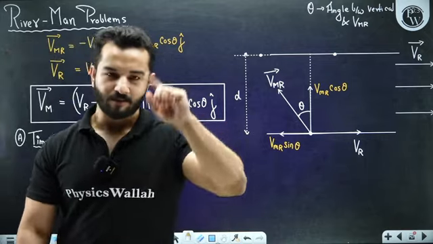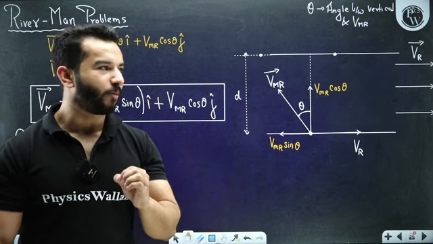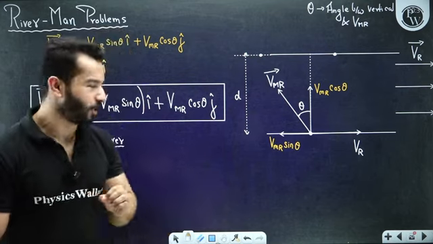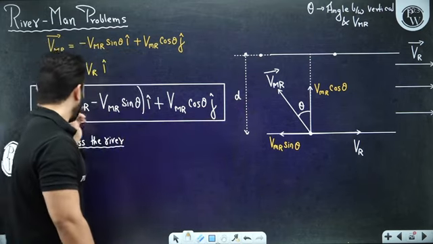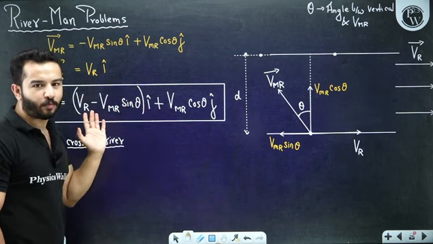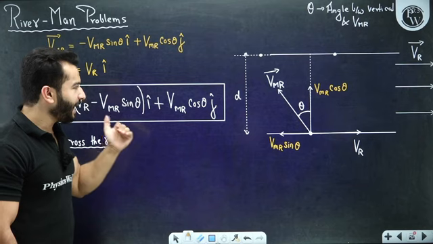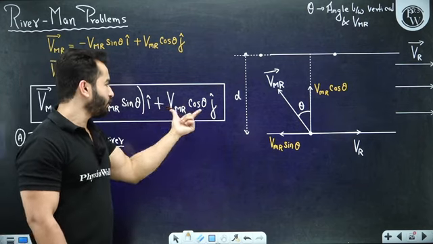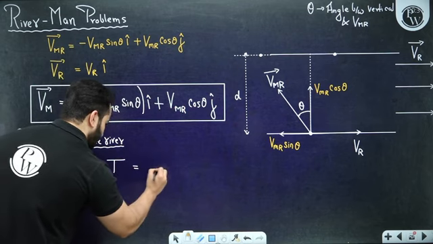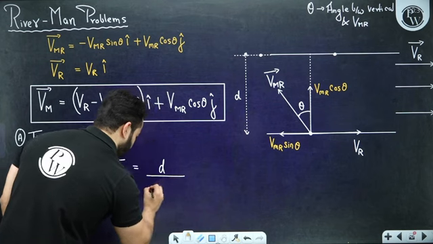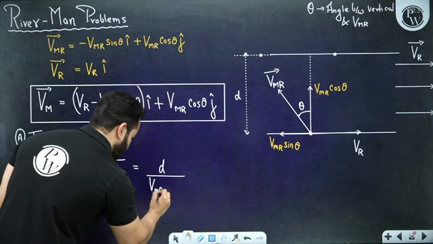Please, again, in this class only we have talked about the two-dimensional chapter, right? So d is along the y-axis. So out of these two components, which is responsible to take the swimmer to the other bank? Obviously VMR cos theta. So I'm going to write the time as the distance d divided by VMR cos theta. That's it.